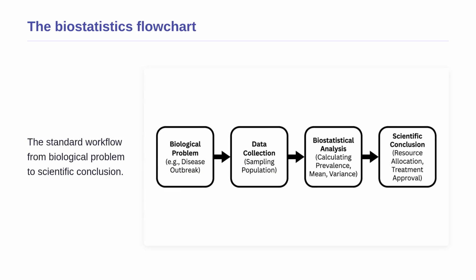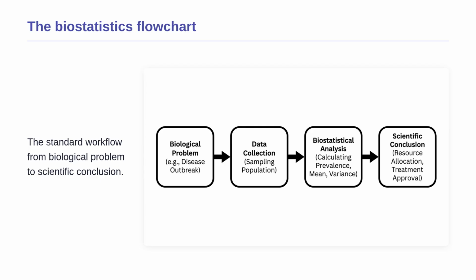Now that we understand the steps conceptually, let us look at this workflow visually. What you are looking at is a flowchart that maps out the entire journey from a biological problem to a scientific conclusion. On the far left, we start with a biological problem, such as a disease outbreak. The first arrow leads us to data collection, where we sample the population.